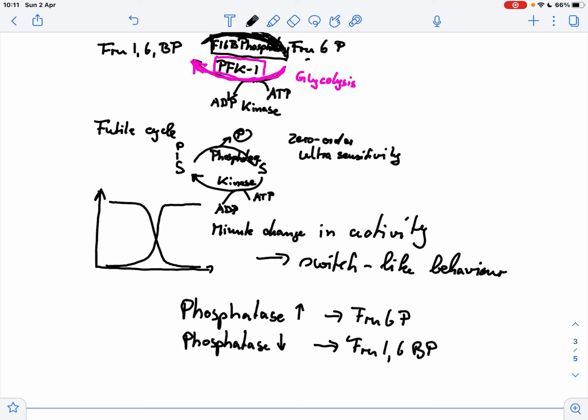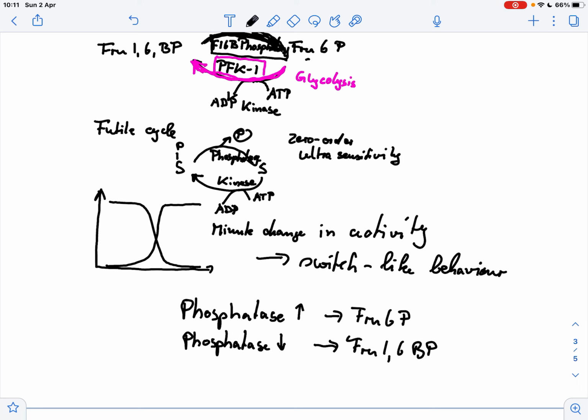So this zero-order ultrasensitivity, what used to be termed a futile cycle, or what I see as this switch, makes a decision whether we go glycolysis or gluconeogenesis.